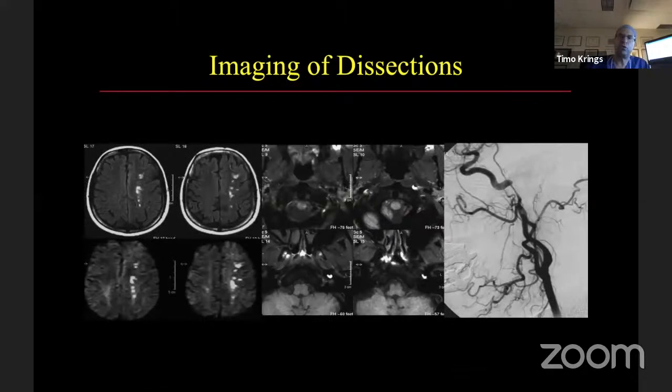If you see strokes that are hemodynamic in nature, as in this example here, and you see again the crescent-shaped T1 hypersignal as a sign of intramural methemoglobin, think about dissection.